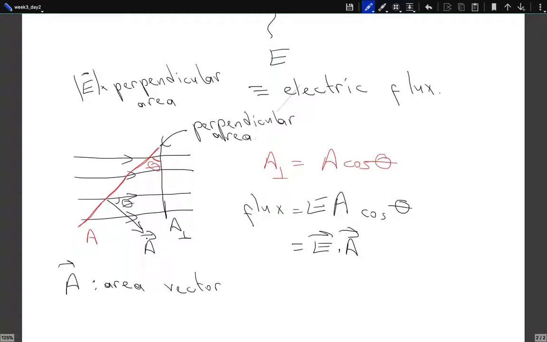And now that I have the area vector, the flux just becomes the scalar product of two vectors. Again, just keep in mind that this is, in a sense, just the number of field lines passing through your area. Questions?